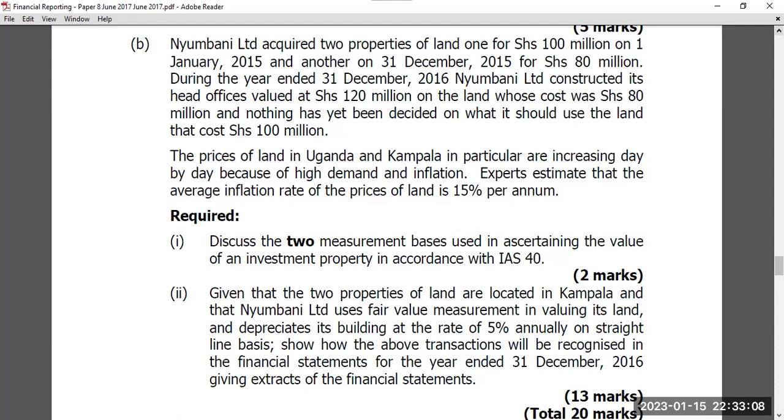And the other one, we also look at the time, of course, the period they acquired the asset, and the cost, or the money they have paid. Those are the things we consider.